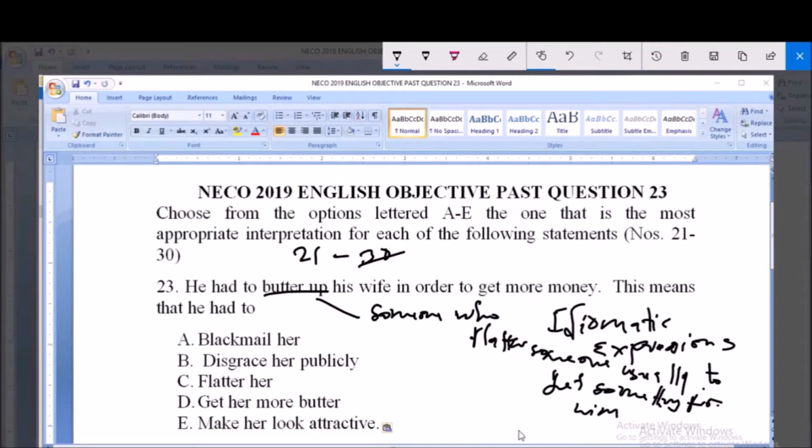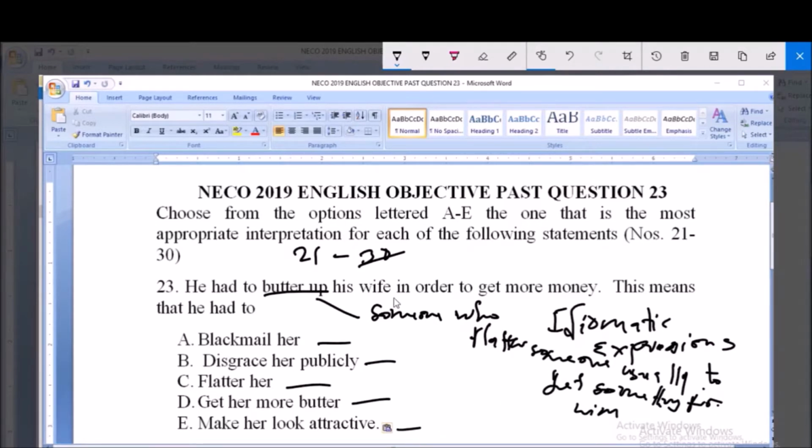So option A says blackmail her, B says disgrace her publicly, C says flatter her, D says get her more butter, E says make her look attractive.